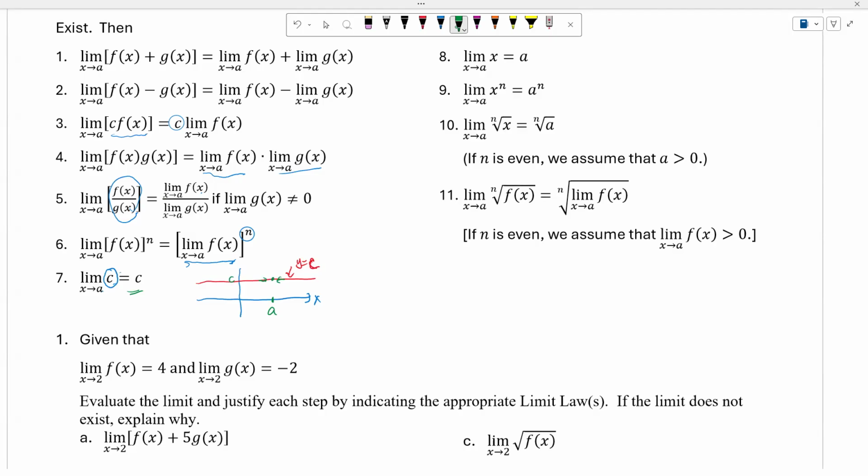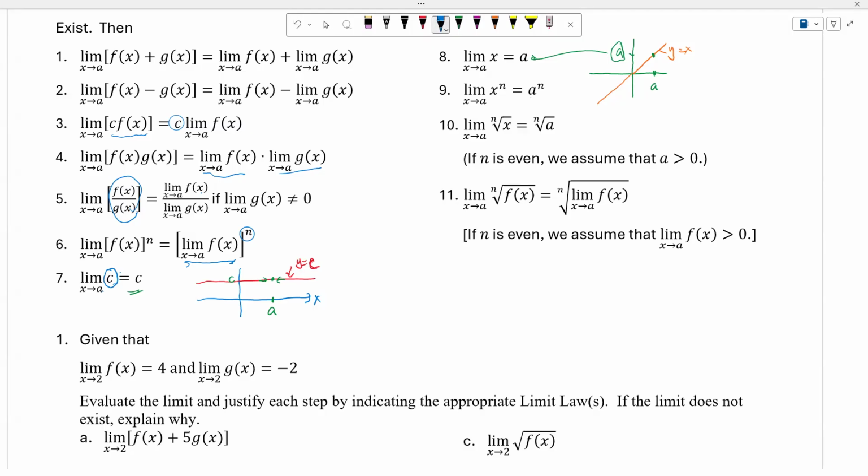So number 8: if we have the limit as x approaches a of x, the idea is that we have the function y equal to x. So if my input is a, then of course my output will be a. If we have a power function, so if the function is x to the power of n, then we take the limit as x approaches a, and the output will be a to the n.